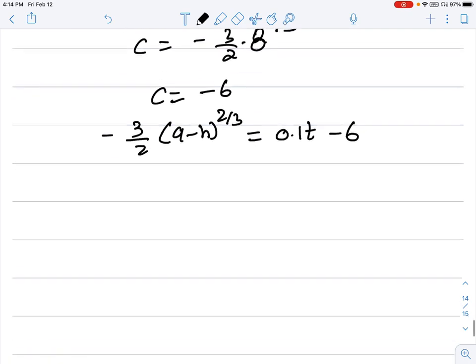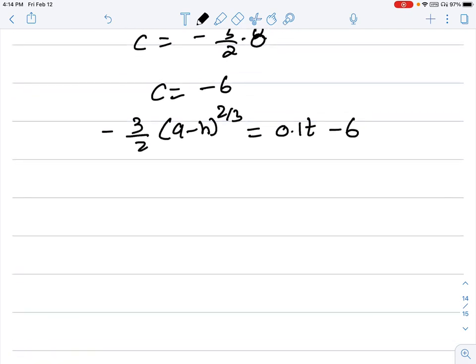But I need to make h the subject. So (9 minus h) to the power 2 upon 3 is equal to 2 upon 3 times (6 minus 0.1 t).